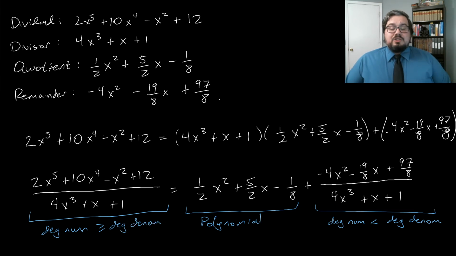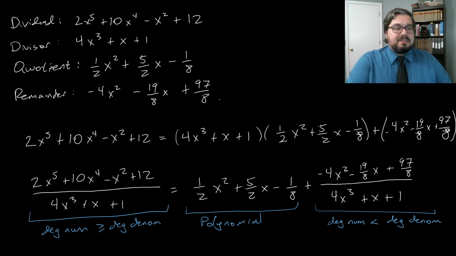So we can use this process of long division of polynomials to take any sort of improper rational function where the degree of the numerator is higher and write it as a sum of a polynomial and a proper rational function where the degree of the denominator is higher.